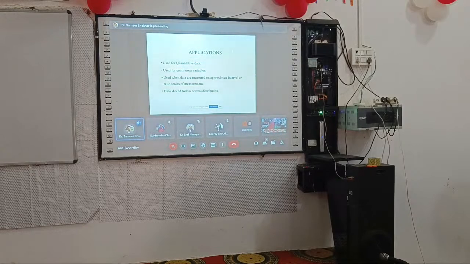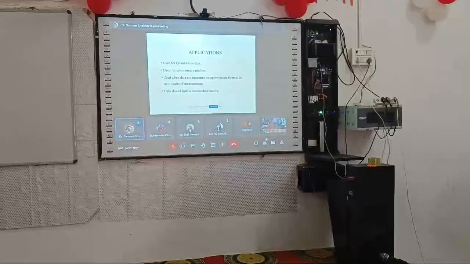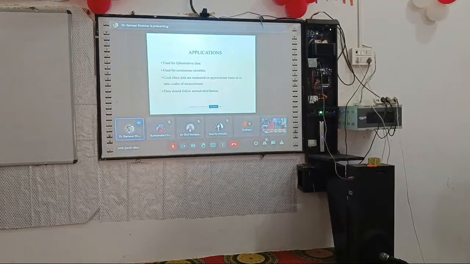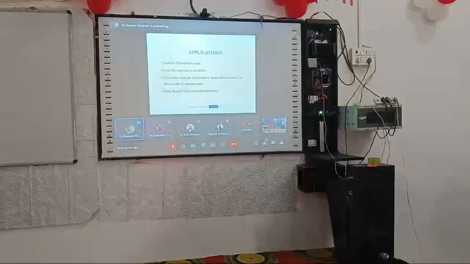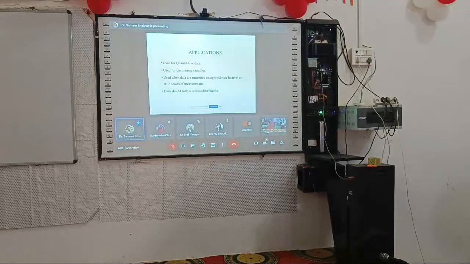While collecting data, we know what is qualitative nature of data and quantitative nature of data. So the data should be quantitative in nature, continuous variables should be there, interval and ratio scale must be there, and data should be following normal distribution.